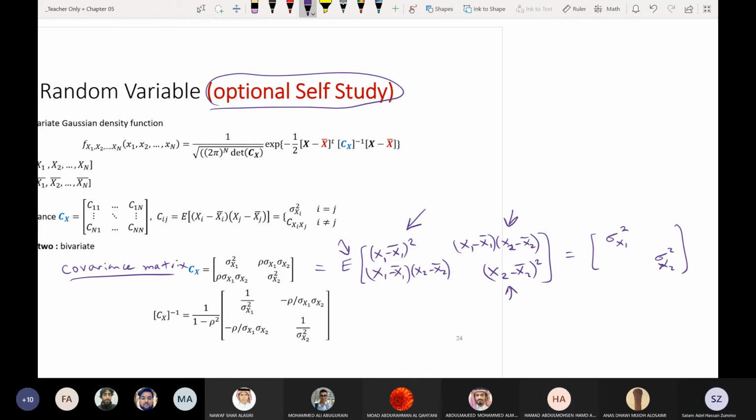This is the expected value of x1 minus x1 bar times x2 minus x2 bar. This is the central joint moment. What did we call it?